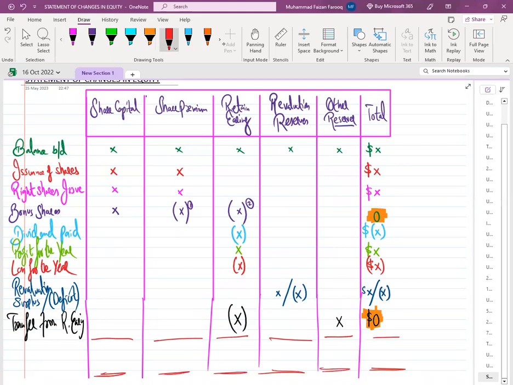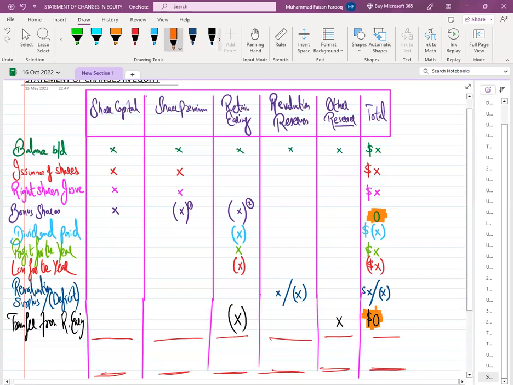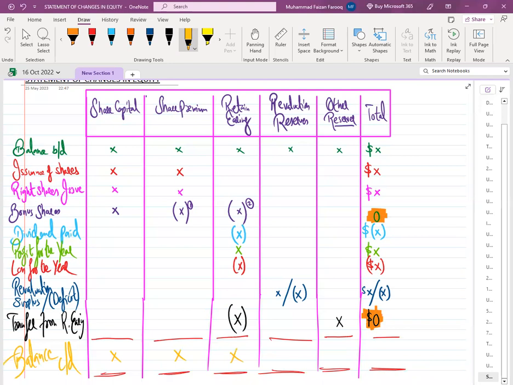After completing these columns, we are going to have the closing balance, which is the CD balance. And this is the methodology to produce the statement of changes in equity.